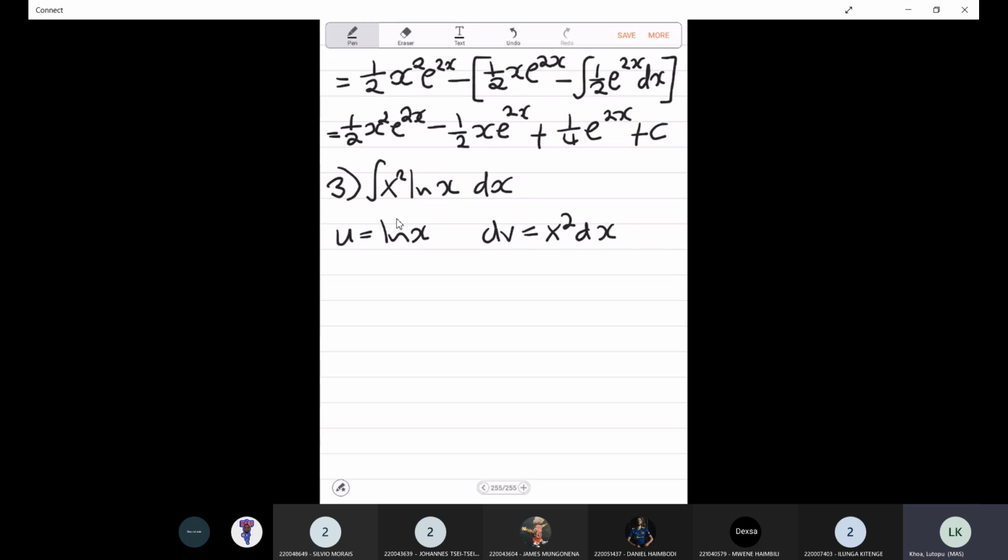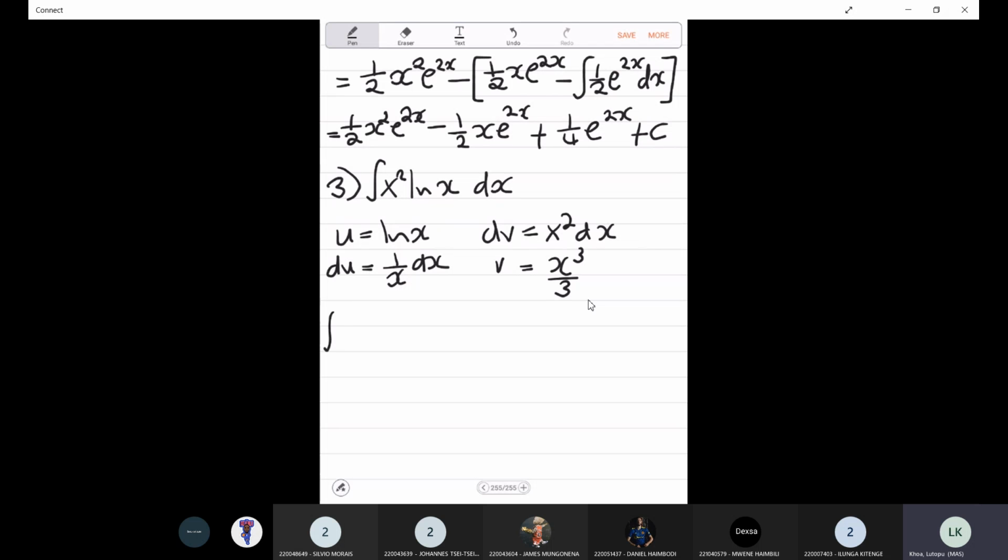Then we differentiate u, so we have du is 1 over x dx, and v, the integral of x squared, is x to the power of 3 over 3. Okay, so I have all my 4 terms. Then I can just substitute them into the formula for integration by parts.